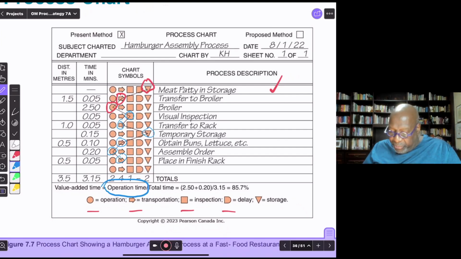So if you take a look at that and you see your total operating time over your total time, that gives you a measure of the utilization, the value added time that you're trying to determine as a percentage is your total operating time over your total time for the production of the good. And that's, in this case, for this example, is 85.7%, which is not bad.